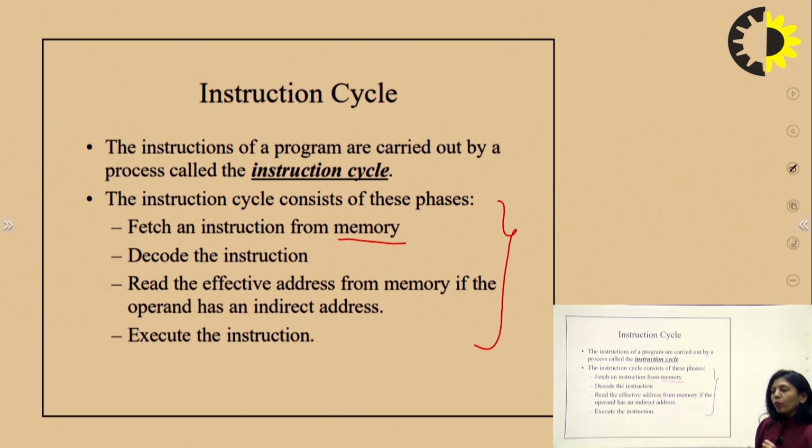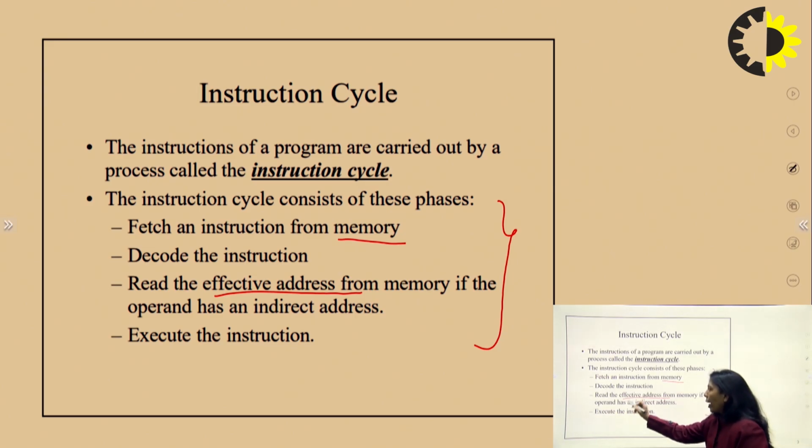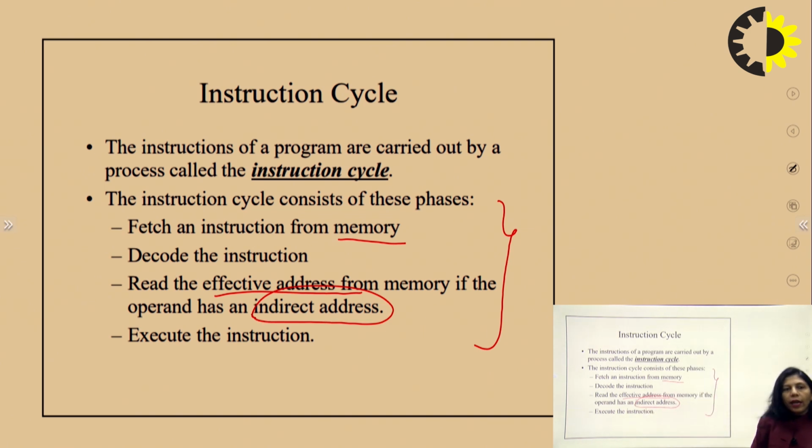So it needs to be decoded. It needs to be understood where exactly the operand lies. So the effective address needs to be calculated so that the operand can be fetched if the address is indirect. If it is direct, then it can be fetched right from the instruction only. After that, the instruction is executed.